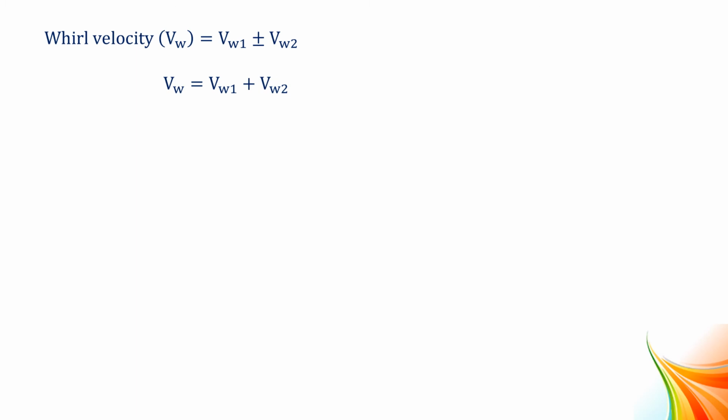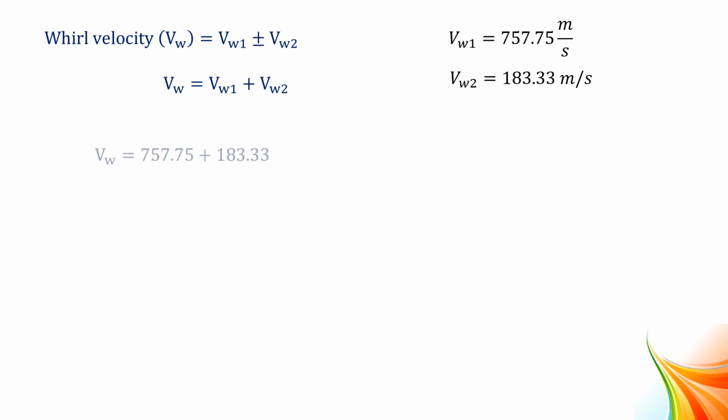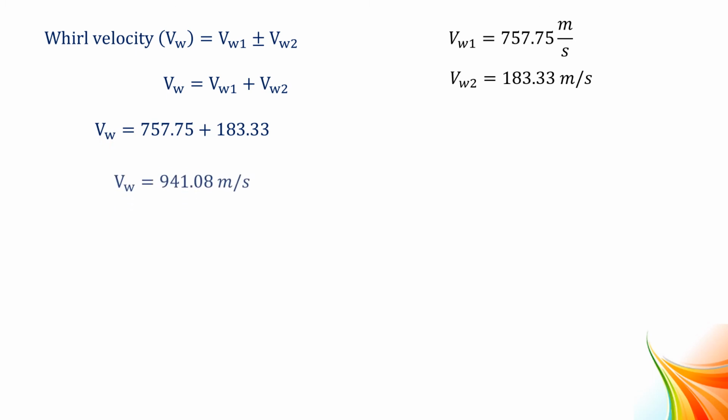VW1 and VW2 are acting in two different directions. Therefore, VW equal to VW1 plus VW2. Substituting the values, we get VW equal to 941.08 meters per second.